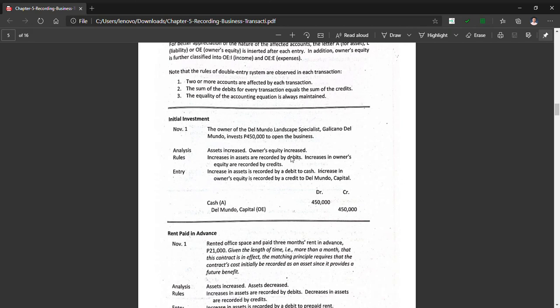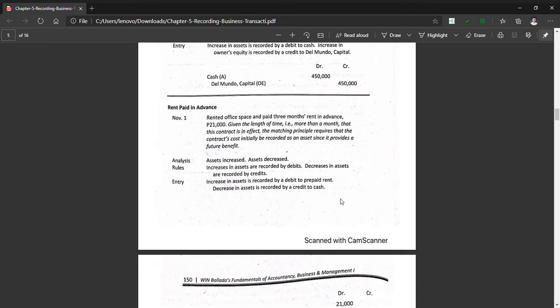Take note on your accounting equation. While increases in owner's equity are recorded by credit. Okay, so entry, increase in asset is recorded by a debit to cash kasi cash yung na-affect. Right? Tapos, increase in owner's equity is recorded by credit to Del Mundo Capital. So, we debit cash, 450,000, and credit Del Mundo Capital, 450,000.